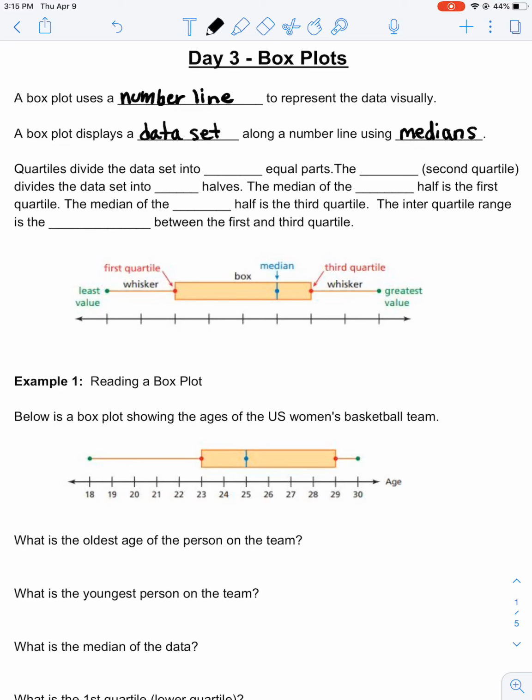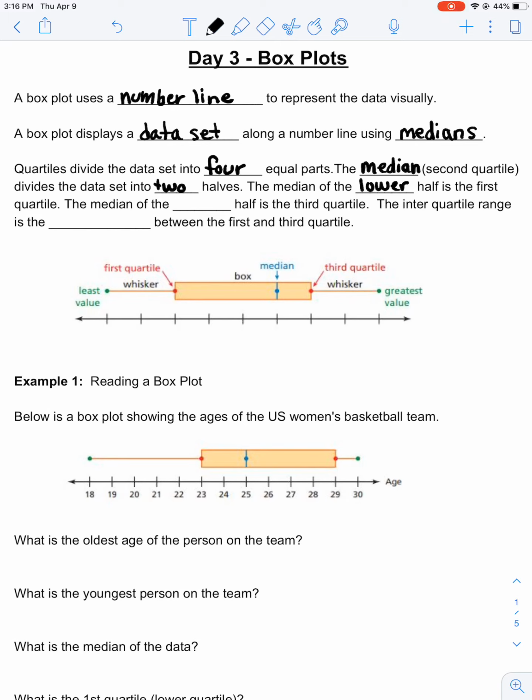Quartiles divide the data set into 4 equal parts. The median, or second quartile, divides the data into 2 halves. The median of the lower half is the first quartile.